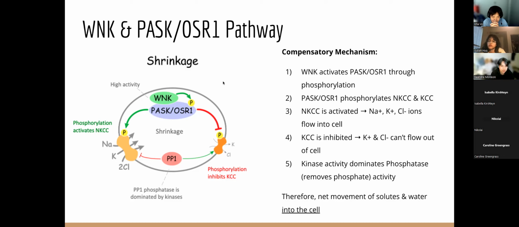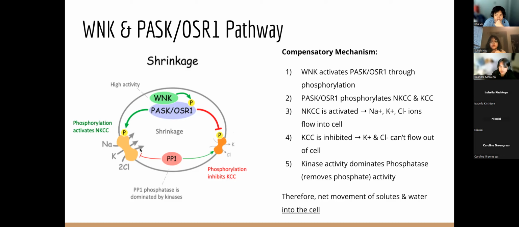In terms of the first step, this WNK kinase activates SPAK-OSR1. And by activation of this other kinase, this kinase will phosphorylate the NKCC and KCC co-transporters, right? It will phosphorylate them at the same time.